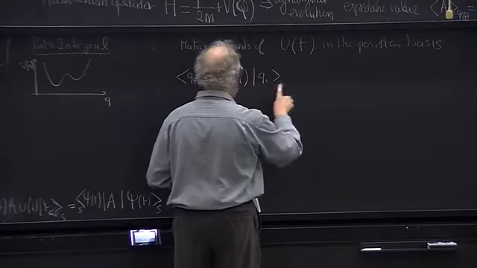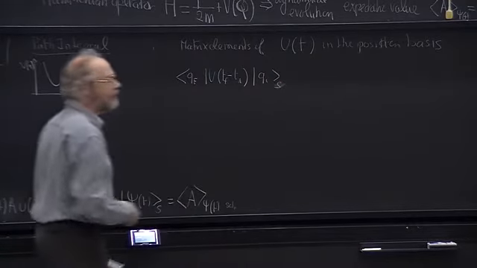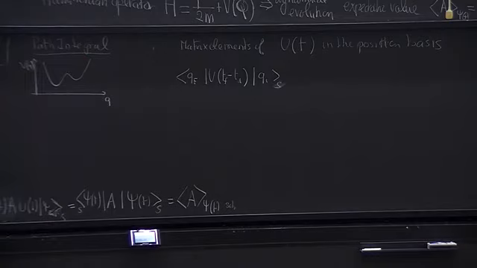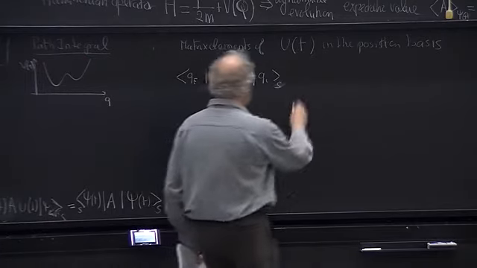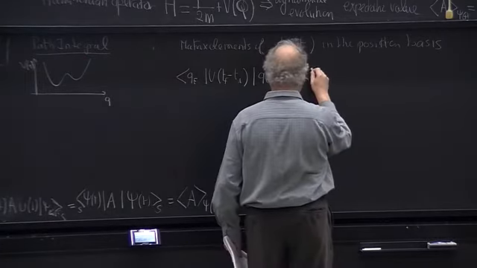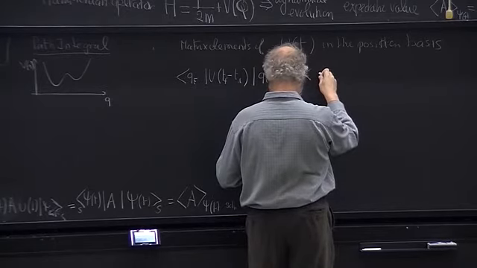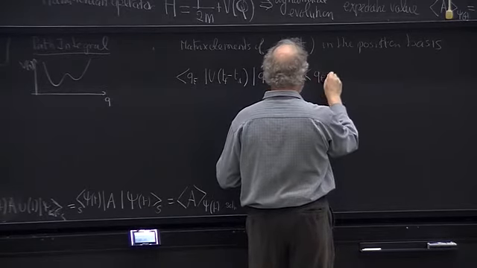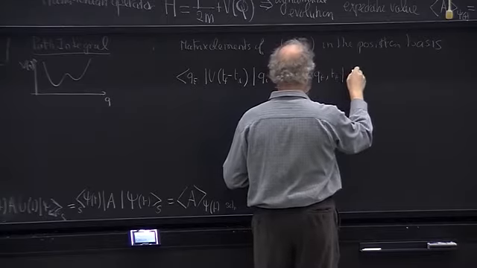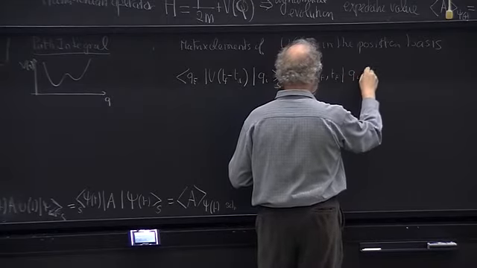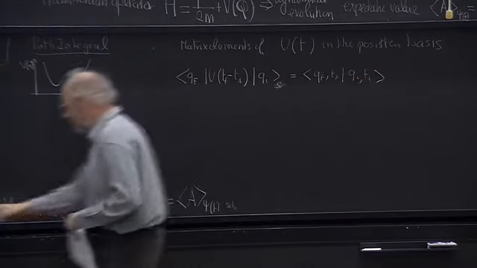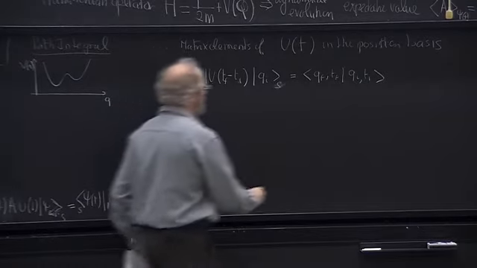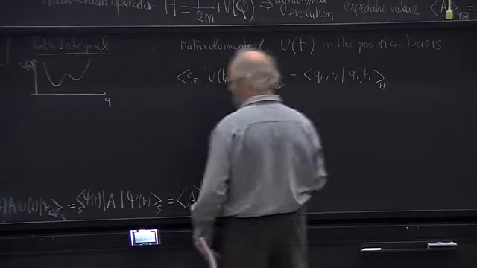So this is a matrix element of the evolution operator. And in the corresponding Heisenberg picture, this would be q_f at time t_f times q initial at time t initial in the Heisenberg picture. But I'm going to consider this object.